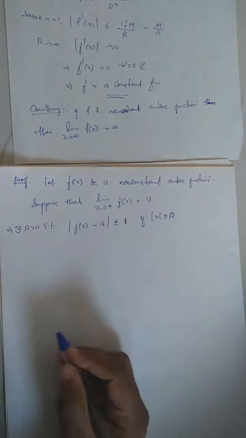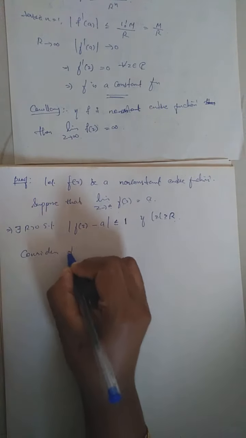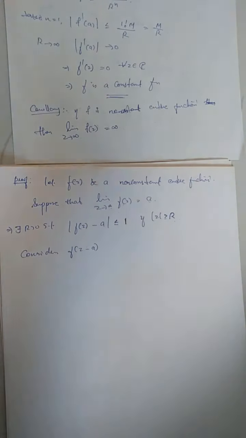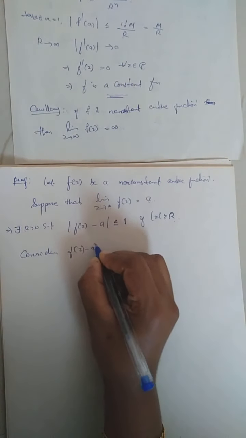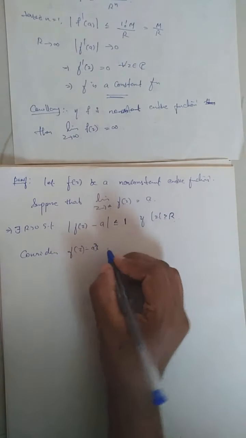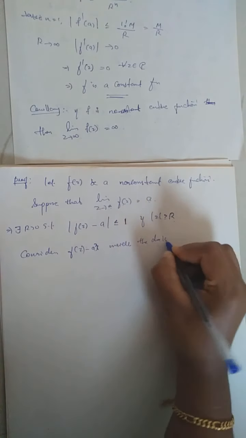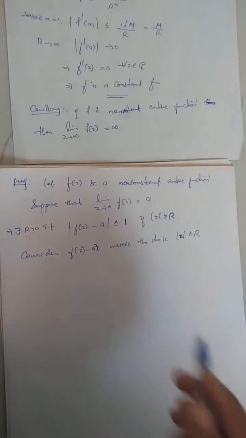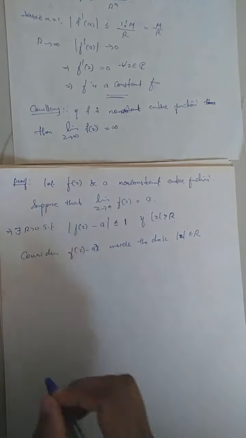Okay. Now consider f(z) minus a, the term f(z) minus a inside the disk mod z less than or equal to R. So now considering the value of f(z) minus a inside the disk mod z less than or equal to R. Okay.